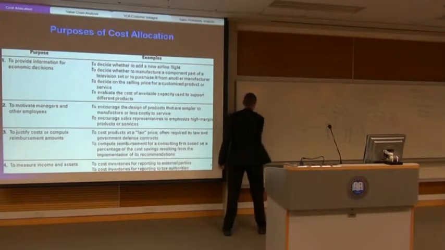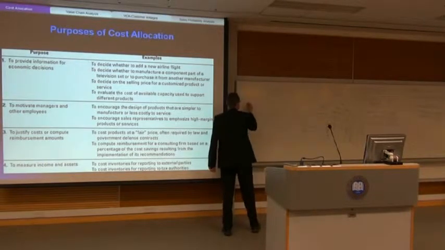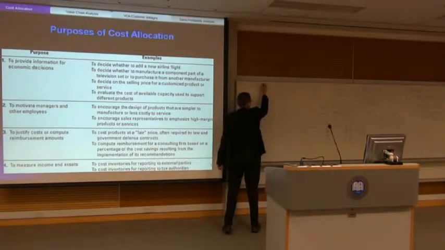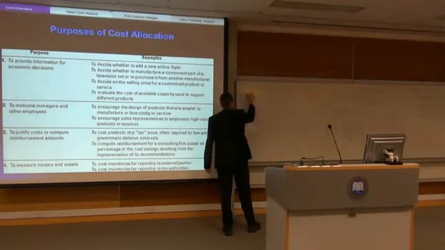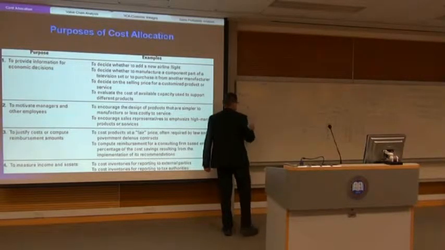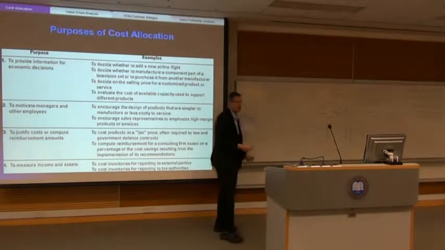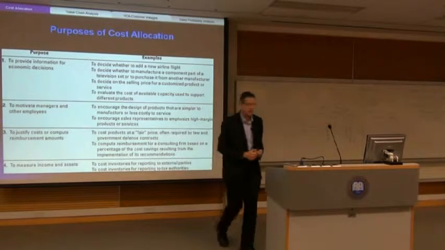You have your objective and you have the basis for allocation. This could be cause and effect, and the other one could be more fairness, or ability to bear, or the other one.